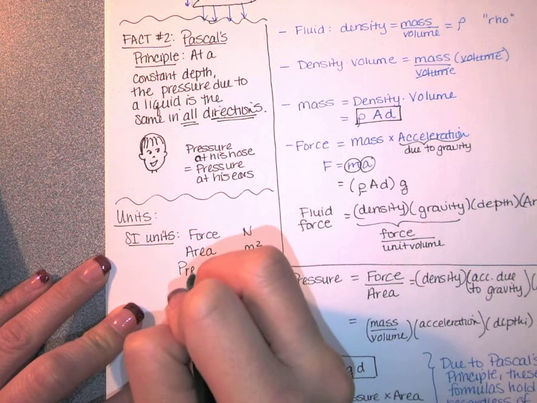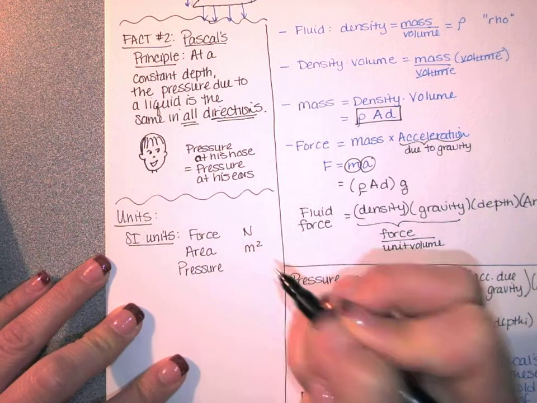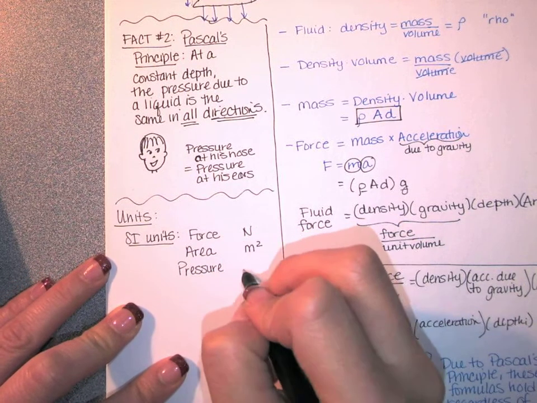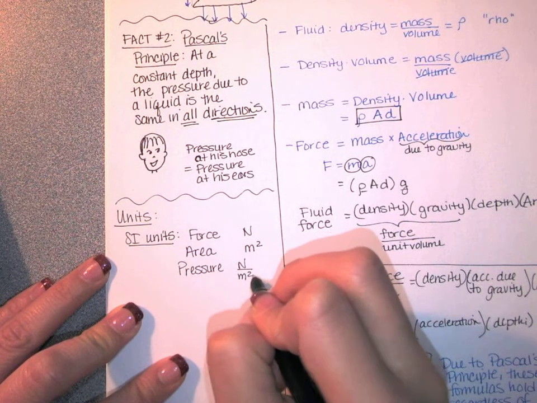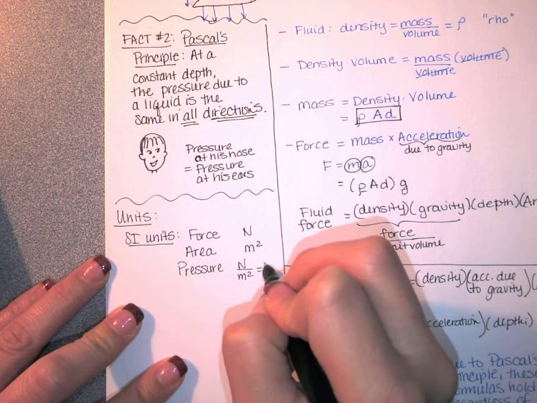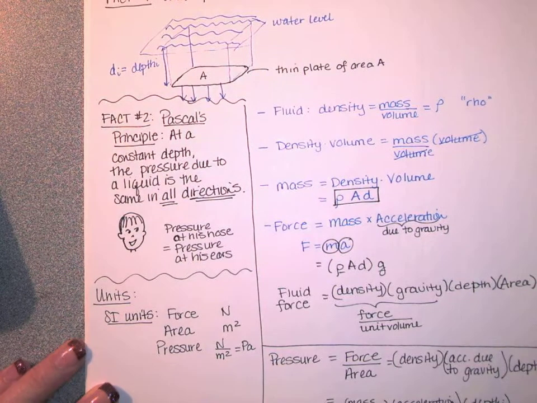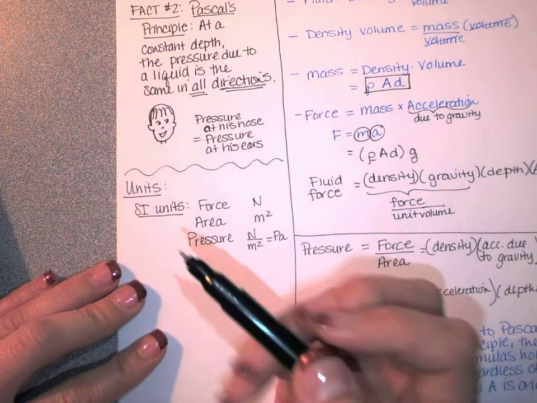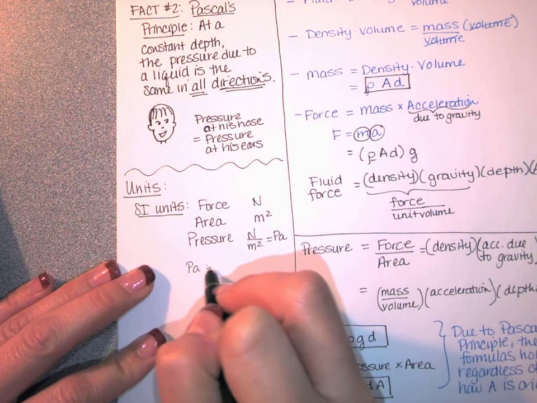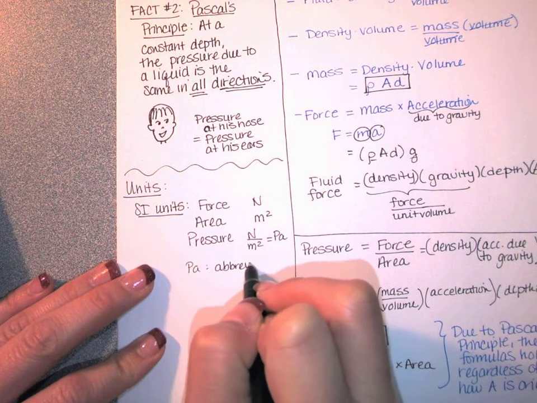So pressure, which is force per unit area, is measured in newtons per meter squared. Now 1 newton per square meter is called a Pascal, after the same guy who came up with Pascal's principle. So Pa is an abbreviation for Pascal.